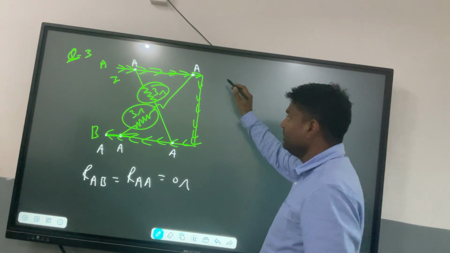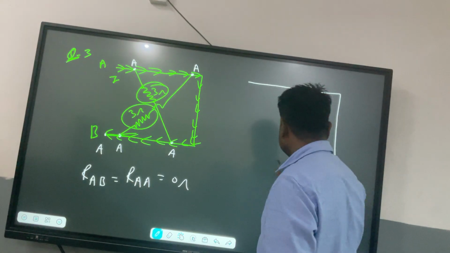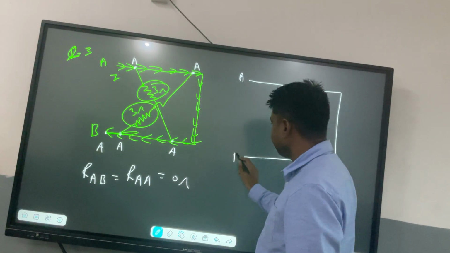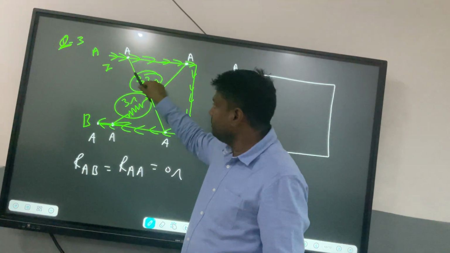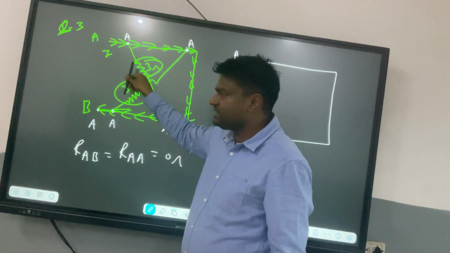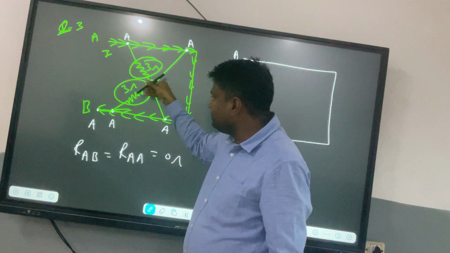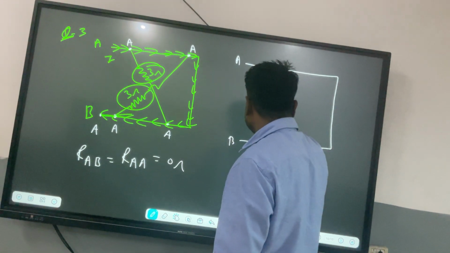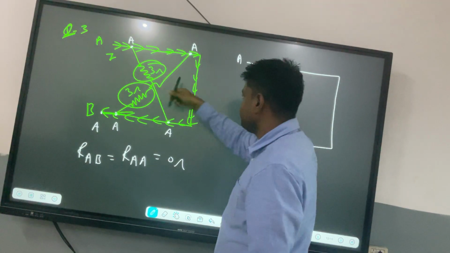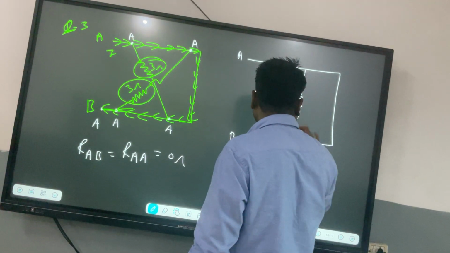If you want to clarify yourself, sir, if you directly do not accept this method, I am giving one approach. See students, this circuit is like this, this is A, this is B. Now if we make this branch a straight branch of 3 and this 3 again a straight branch, can I say this one is the first 3 branch and the second one is also a 3 branch?